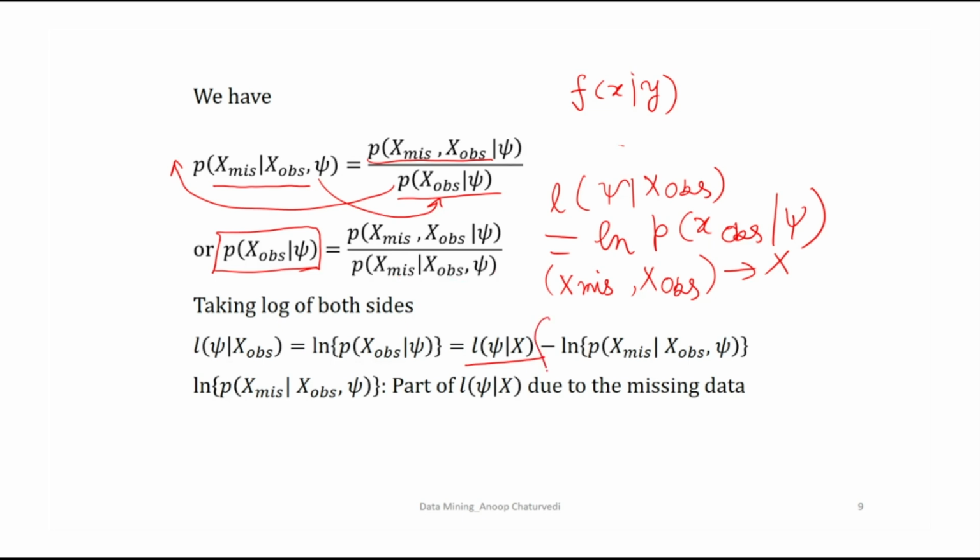Now, this part of the log likelihood is due to the missing data. This is the complete log likelihood. This is the log likelihood based on the observed data, and this part is due to the missing data, or the part of L of psi given x due to the missing data.